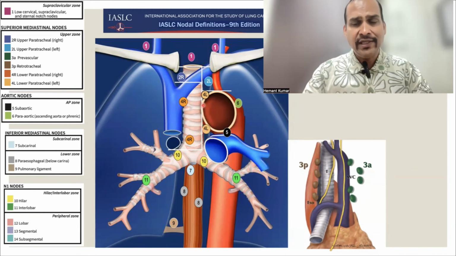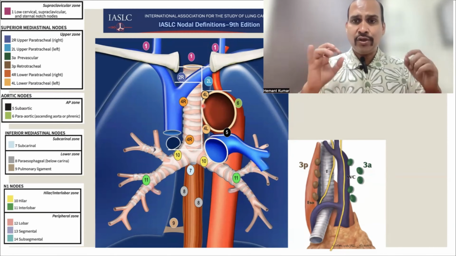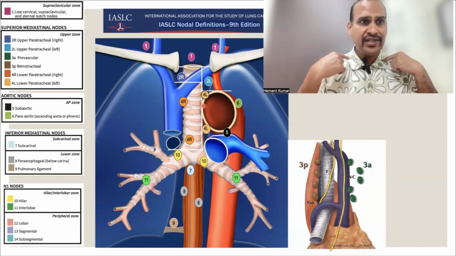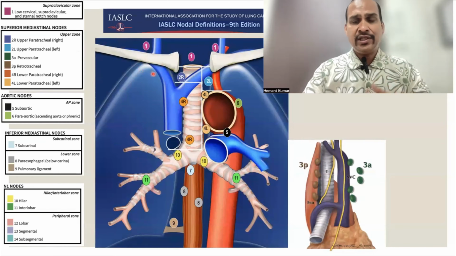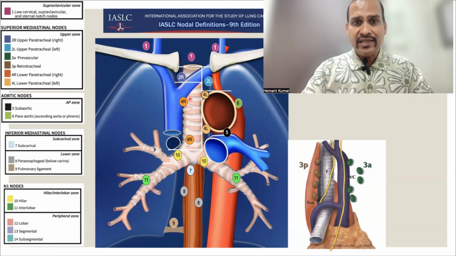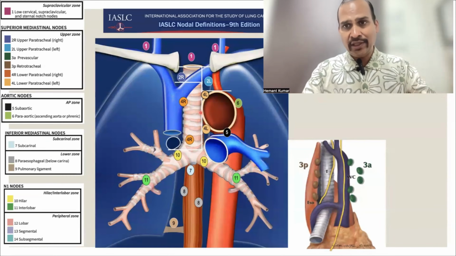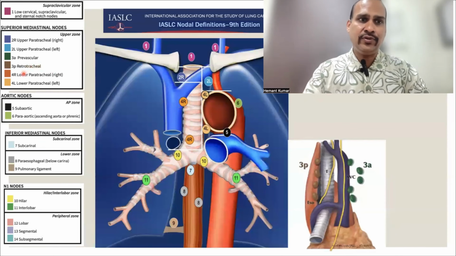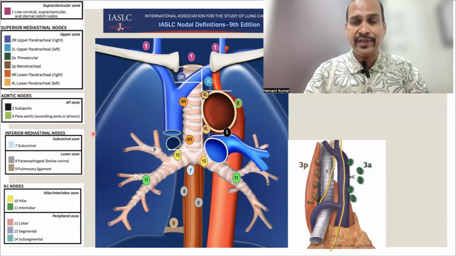You have to remember. So far we have seen 4 lymph node stations. Station 2 upper paratracheal, station 4 lower paratracheal, station 3 is anterior to trachea prevascular, posterior to trachea retrotracheal lymph node. 4 stations we have completed.